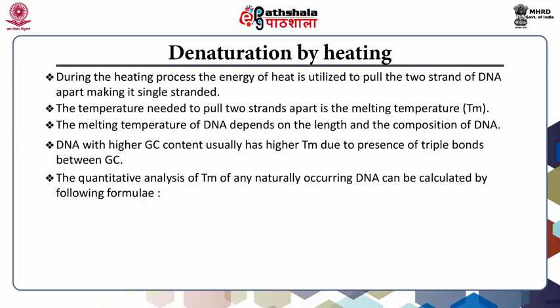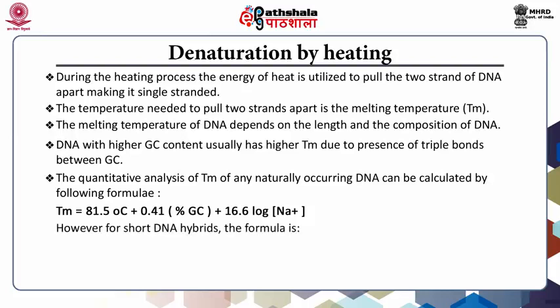You can look into this formula. Tm is equal to 18.5 degrees C plus 0.41 (percent GC) plus 16.6 log sodium. However, for a short DNA hybrid, the formula is a little simplified. It is Tm = 2 degrees C (A plus T) plus 4 degrees C (G plus C).